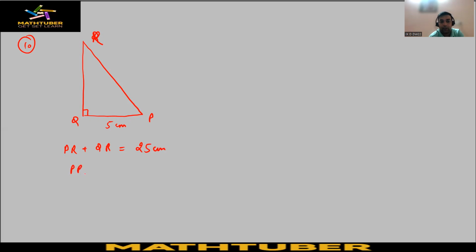So we are going to find out the value of PR in terms of QR as 25 minus QR, and the value of PQ is given 5 centimeter.